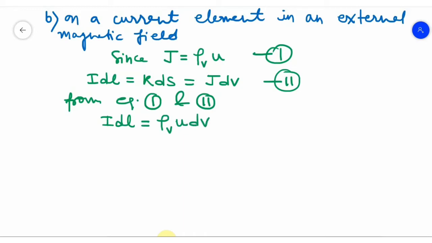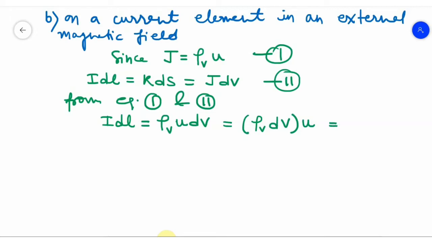Because IDL equals JdV, and in place of this J we can put this value from equation 1, so it is rho V U dV. Now if we take rho V and dV to one side and let U be separated, then this equals what?